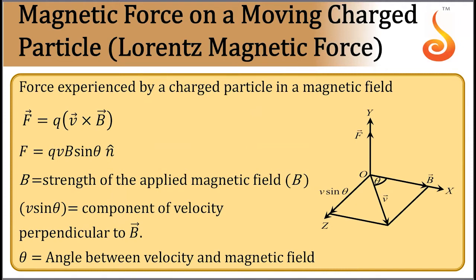If a charged particle is moving in an external magnetic field, then it experiences a force F given by q into v cross B. So you can write it as qvB sin theta, where theta is the angle between v and B. B is the strength of the magnetic field, and v sin theta is the component of velocity perpendicular to B. Just make a note of it.